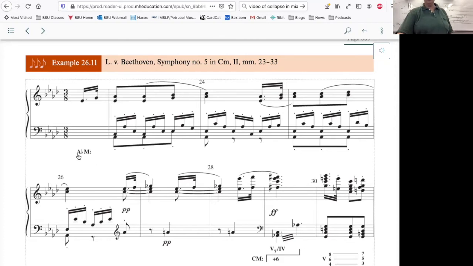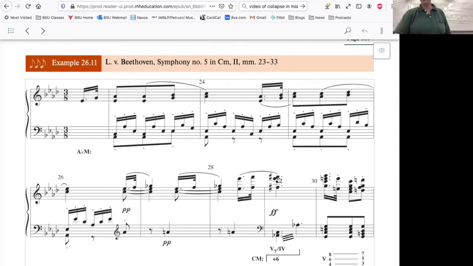Here we have a modulation from A flat major to C major, and the pivot is shown to you in measure 29. Looking at this chord, it is written as an A flat, C, up here would be an E, and these are F sharps.